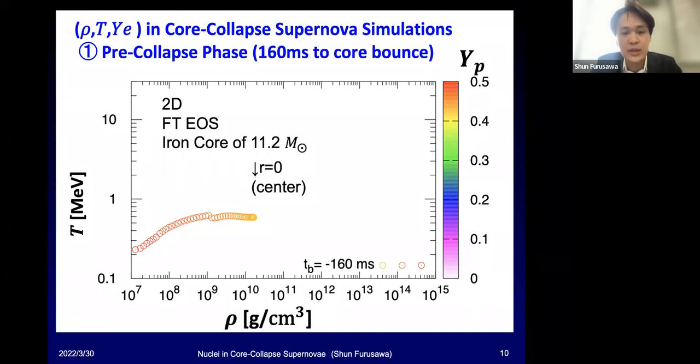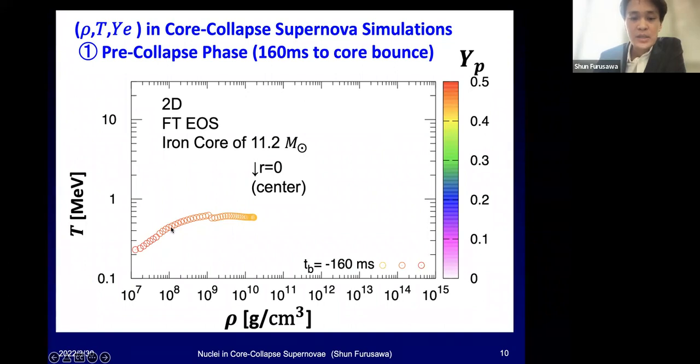The progenitor is 11.2 solar mass. And this is the initial condition of the supernova. At the initial phase, the temperature is not so high, and there are basically iron group nuclei, which are not neutron rich.